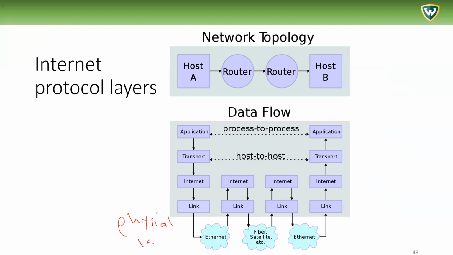Now this is also an abstraction, so don't take this too literally. There's a transport layer that creates the standards for how the data needs to be broken down, and there's the application layer here, which also configures the information for the transport layer, and so on, and for the physical layer later.